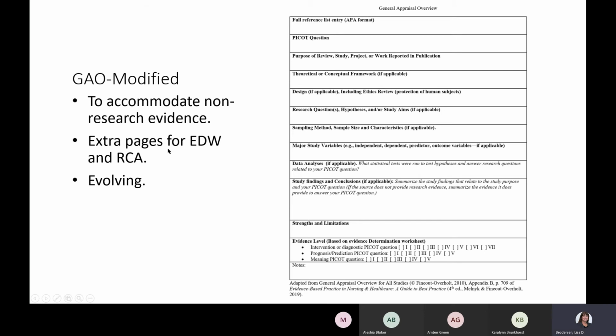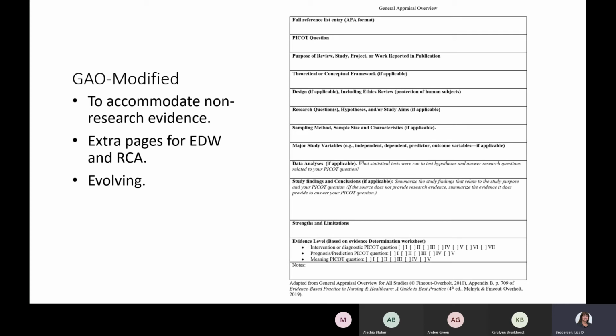We've also added extra pages to this form for attaching your evidence determination worksheet and the rapid critical appraisal form for a source. I'll just point out that this form is always evolving because we're improving it as we go along and trying to make it work the best for the students in our program.